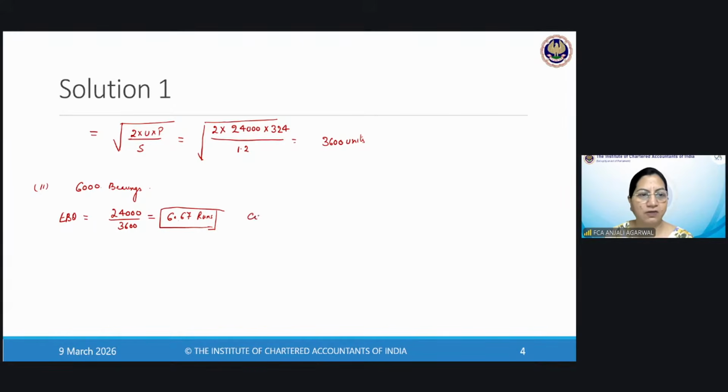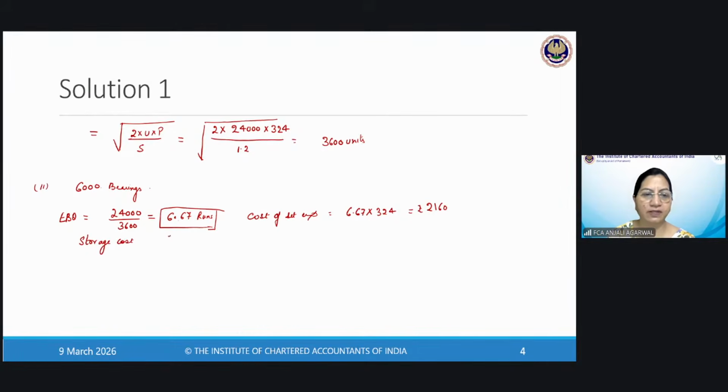So the cost of setup would be 6.67 multiplied by 324. It comes out to be 2,160 rupees. And the storage cost.